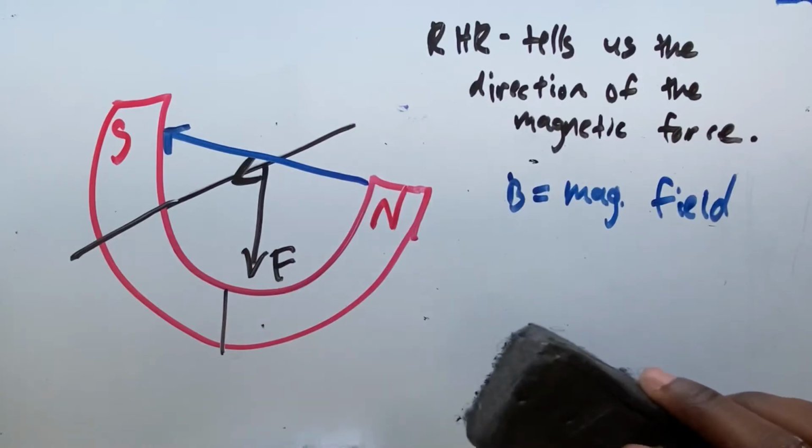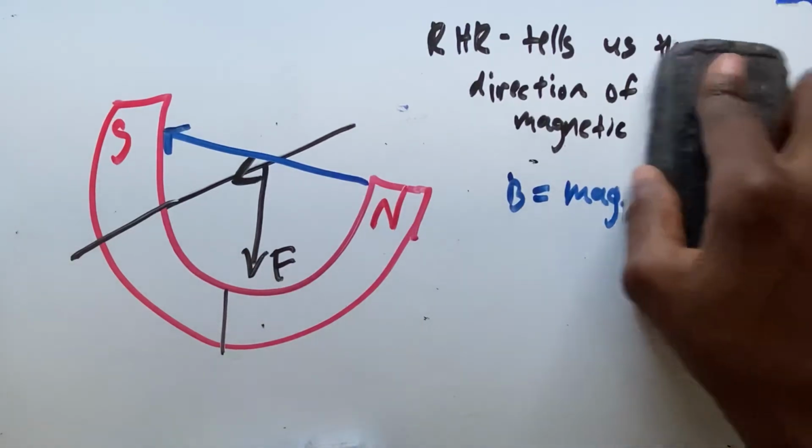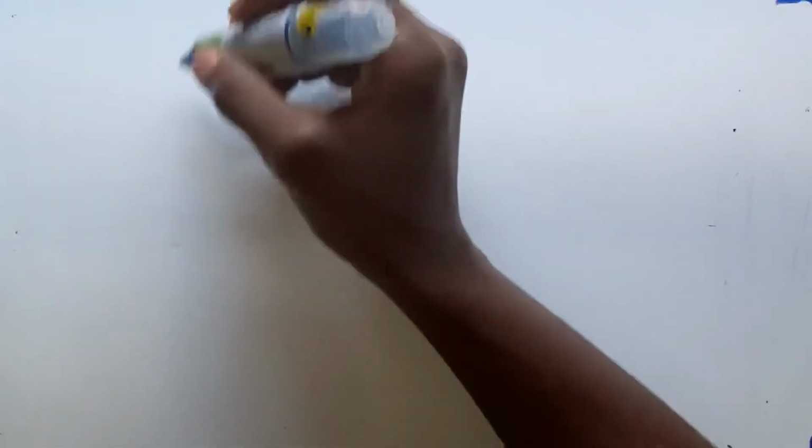So let's do a few more examples of the right-hand rule to give you more of a feel for it. So let me draw some magnetic fields here.